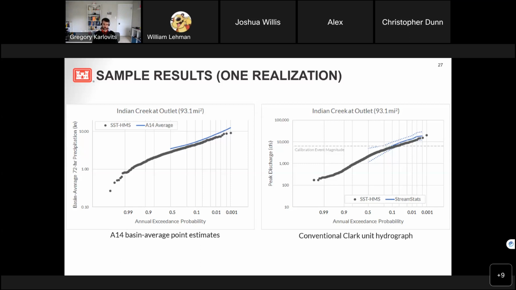And this is using a conventional Clark unit hydrograph, which suggests to me that doing things like either 2D simulation, which is computationally expensive, or something like using the variable unit hydrograph method within the Clark to capture some of that non-linearity that we get in that response would be pretty valuable, mostly to be able to extrapolate beyond that calibration event magnitude. But the results are promising, especially considering the model quality we consider particularly high.